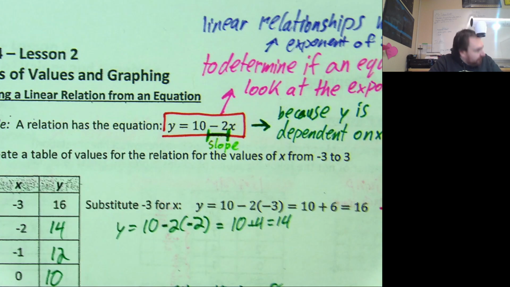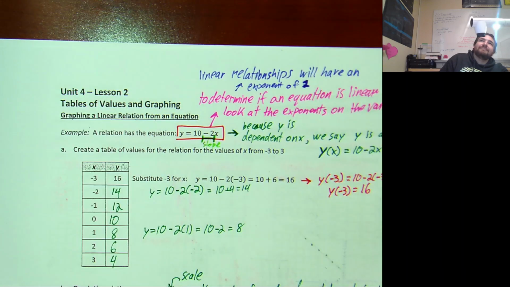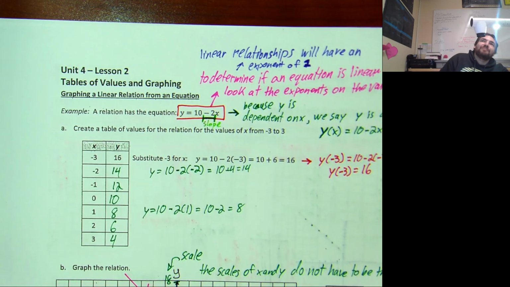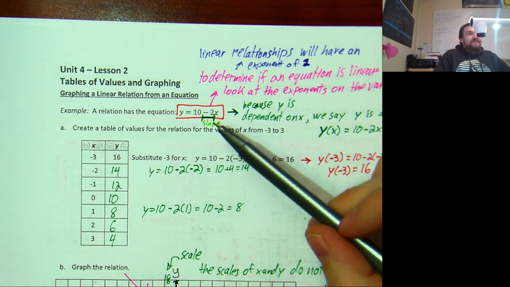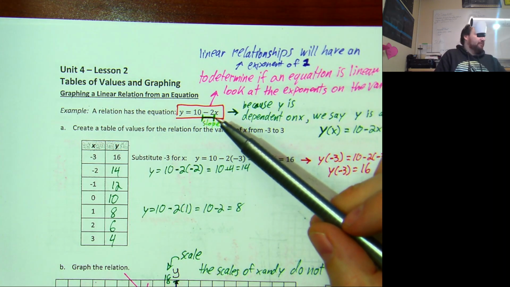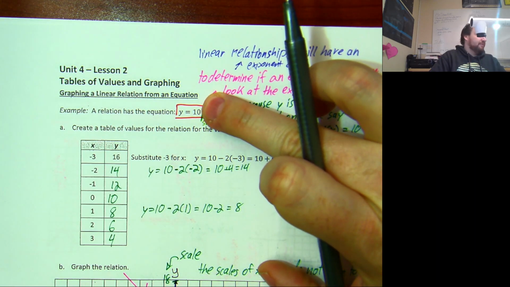And where does that 10 come from? We're going to jump to that one, but as with so many times, I'm going to take a step in between, and then we're going to get there. What happens if my x value is 0? This whole term goes away, and y is equal to 10.